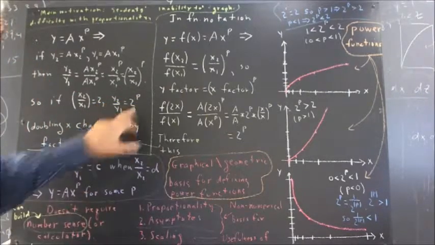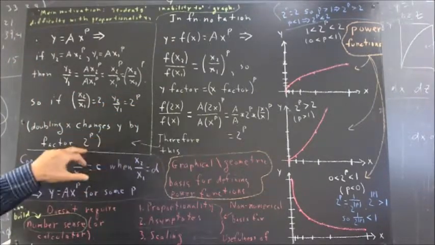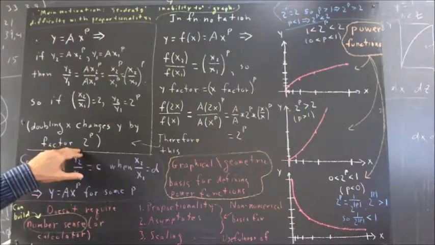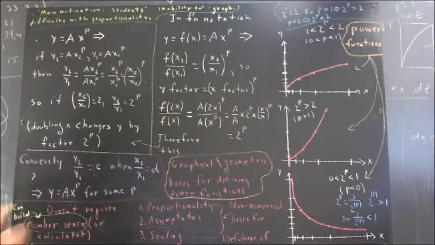And that means then that doubling x changes y by the factor 2 to the p. Not a particularly difficult algebraic argument, maybe a little more sophisticated than the ones you've seen up to this point, but not that difficult, and one that's definitely worth being able to reproduce and to understand.